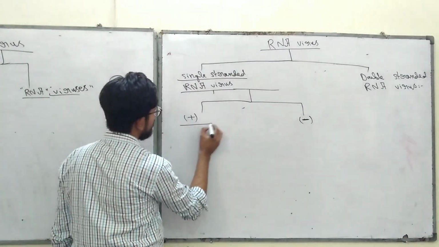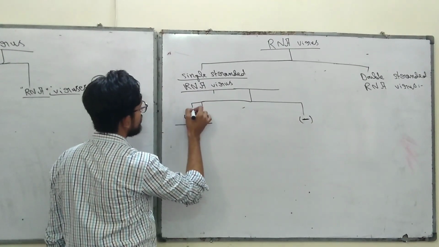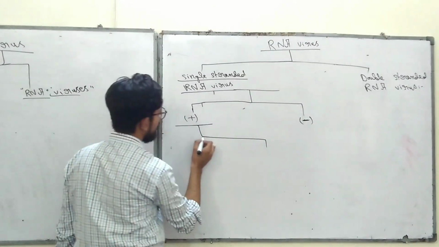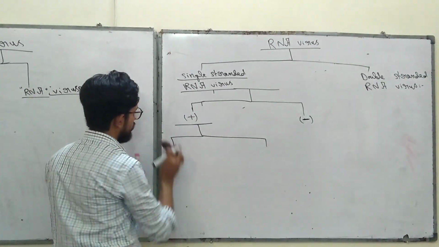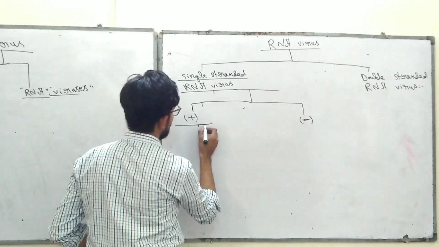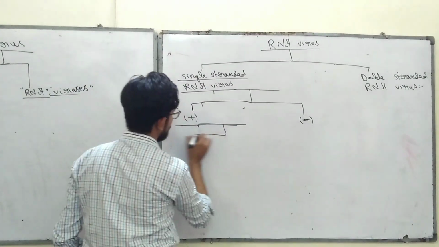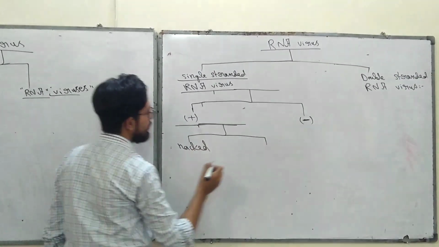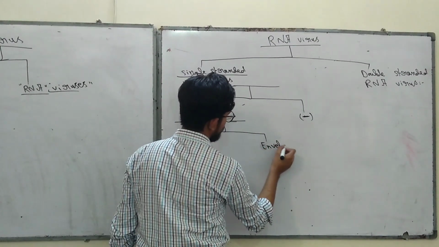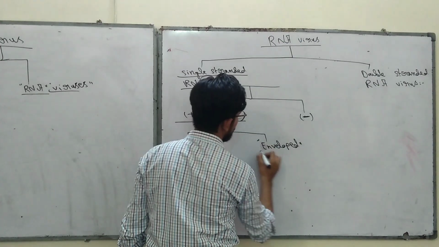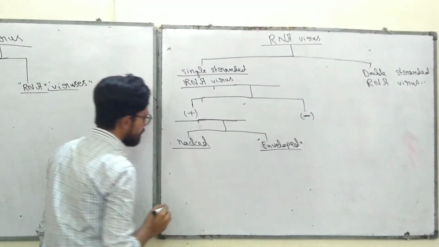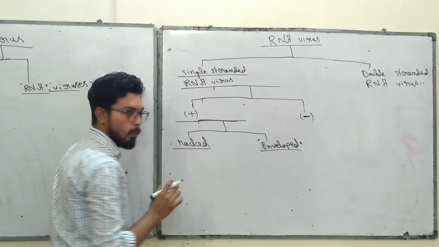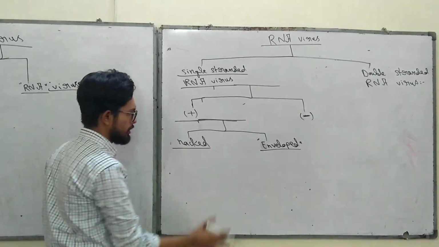So positive polarity viruses are further divided into enveloped and naked. Naked means they don't have an envelope. So here is the game of mnemonics to remember the classification.